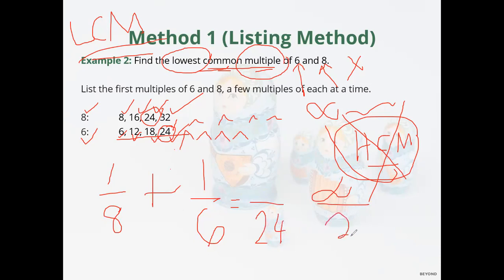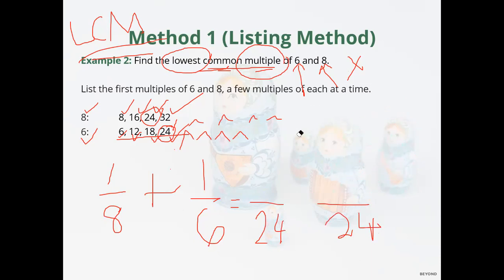You can use 24 because 24 is the lowest common multiple between 8 and 6. 8 times how much will give you 24? 8 times 3. 6 times how much will give you 24? 6 times 4.